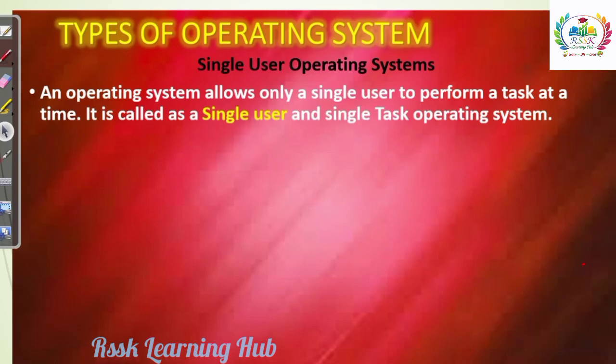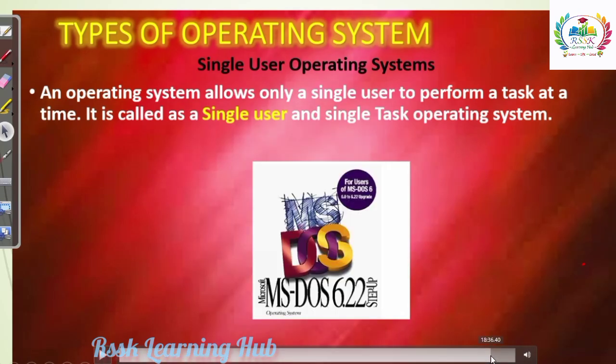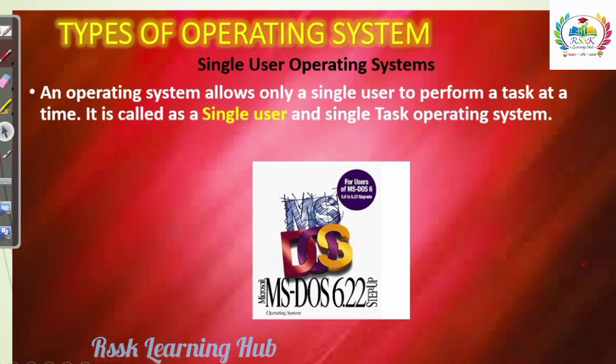So it is called single user, and a single task is performed by your operating system. For example, take the MS-DOS 6.22 setup. In this example, MS-DOS is linked to downloading your file and so on, for a single user and single task OS.